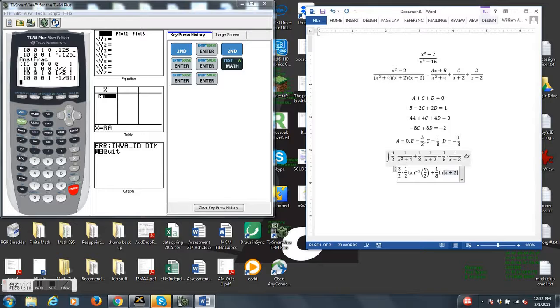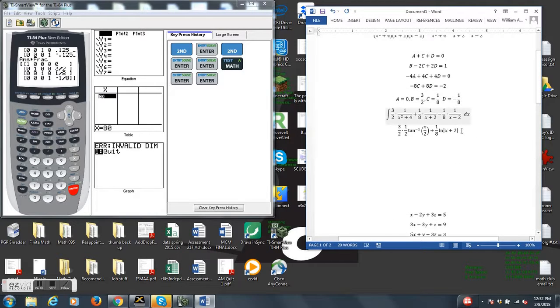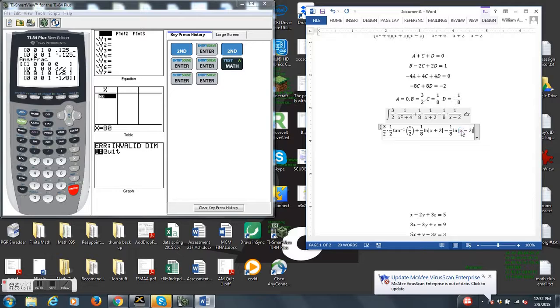Oh, what? Dang it. There's minus 1/8 ln x minus 2. That is fuzzy. Okay. But I guess main point, that's how you do the thing on your calculator.